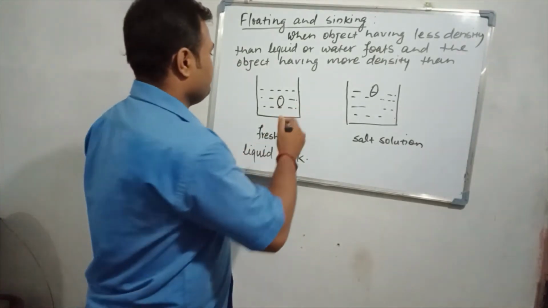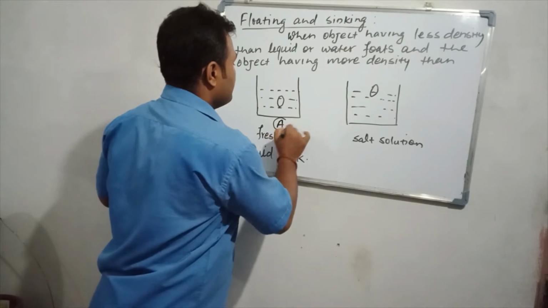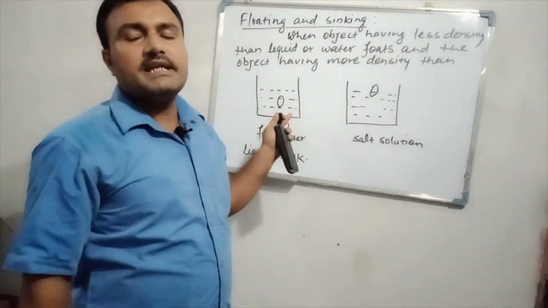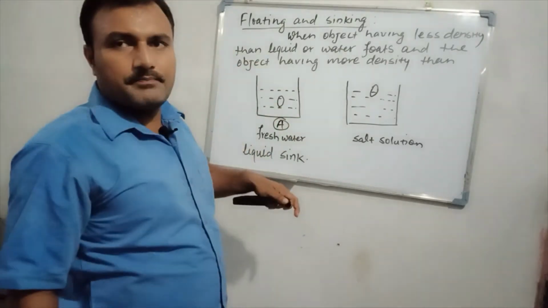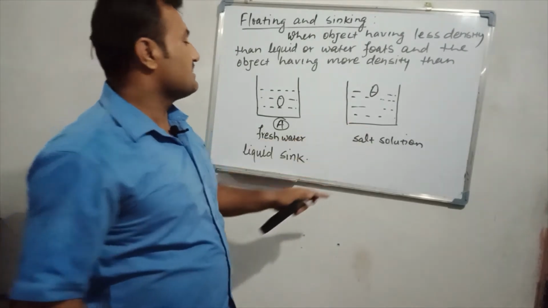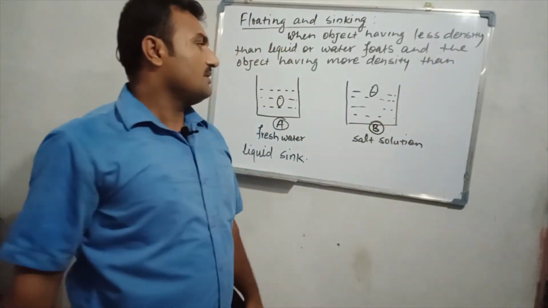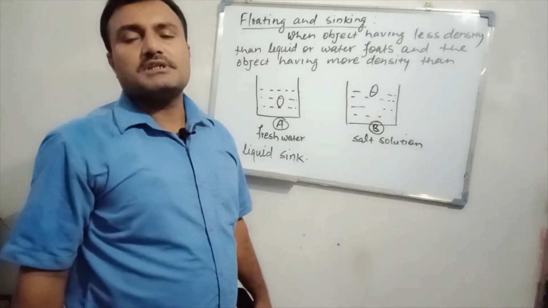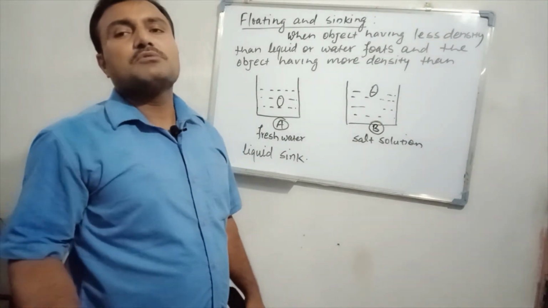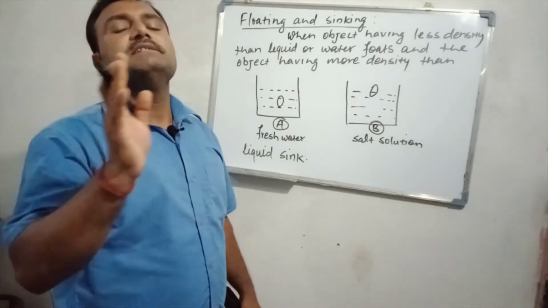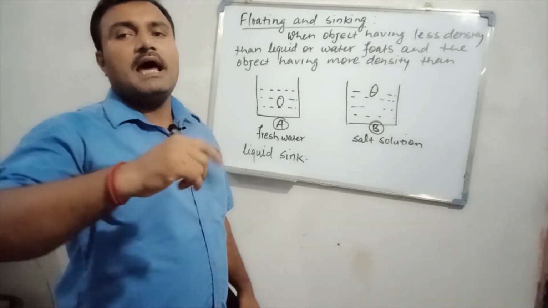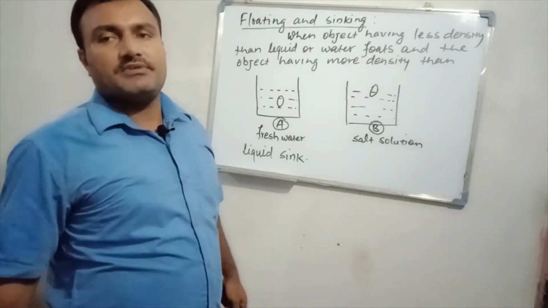Similarly, in diagram A, the fresh water contains an egg that sinks. In diagram B, the egg floats on the salt solution because the salt solution has more density than the egg, and the egg floats on the surface.